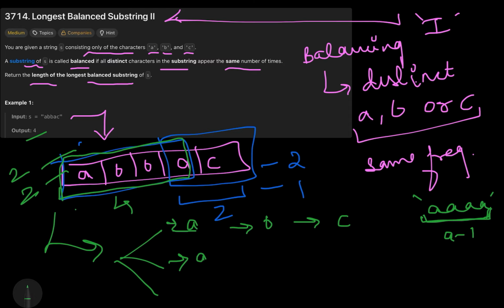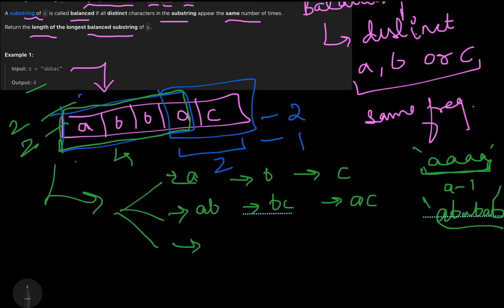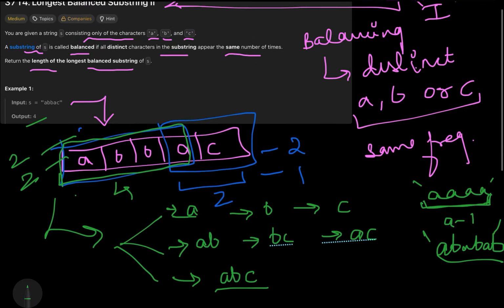Another case could be a combination of AB, BC or AC, meaning we only have any two characters, then we can also find the length of that easily. And the third case would be if we have all three letters, A, B and C.